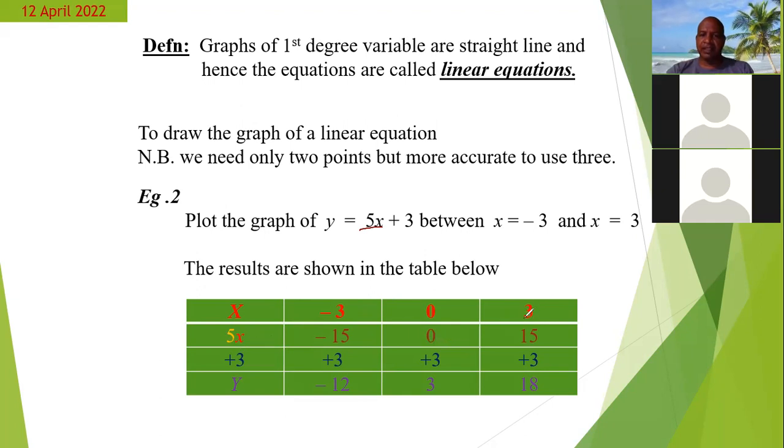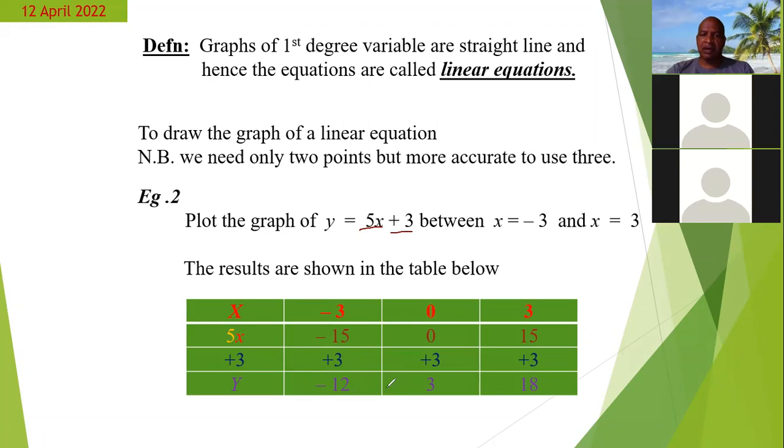And when x is +3, 5 times 3 will give you 15. So this would be the first row below the x row. All right, so for the next row, you see that we're just simply adding 3. So right across in that row, we will just add a 3.